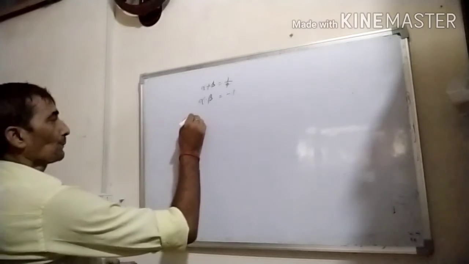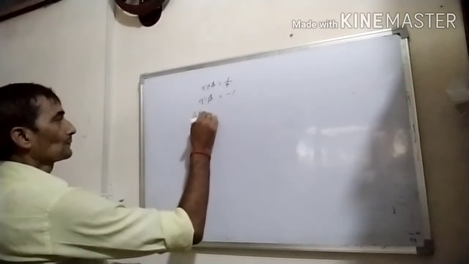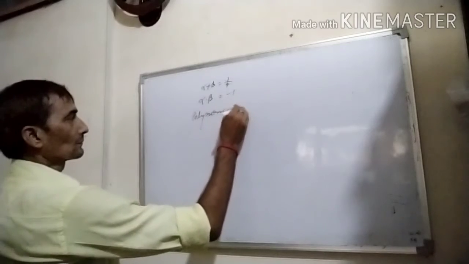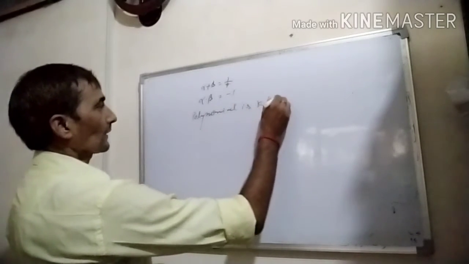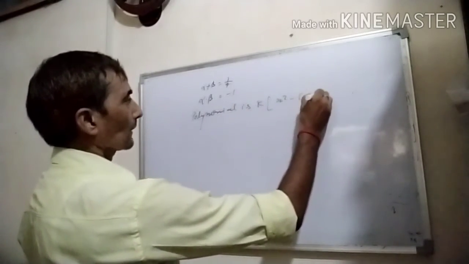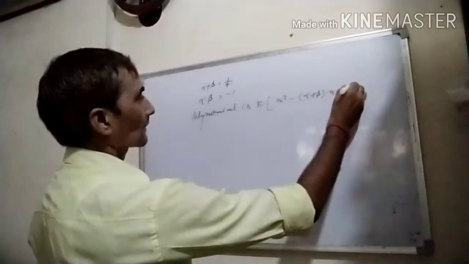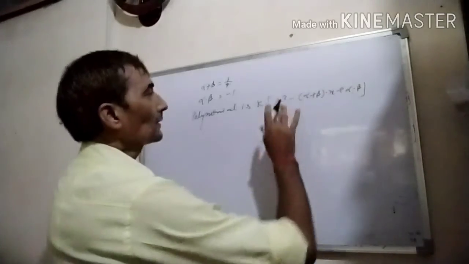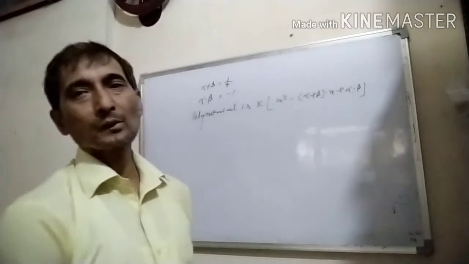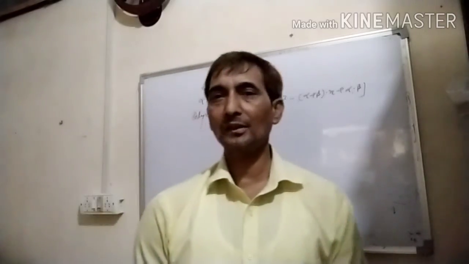Now the polynomial is k[x² − (alpha + beta)x + alpha·beta]. It is a concept where you find the polynomial on the basis of its zeros.